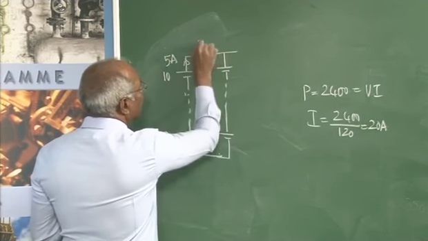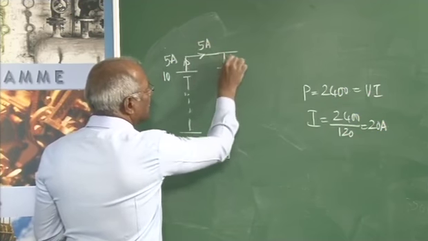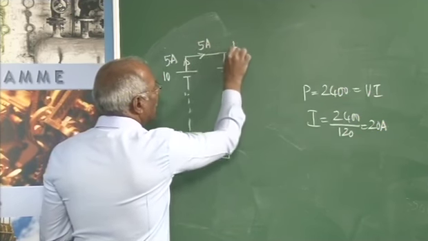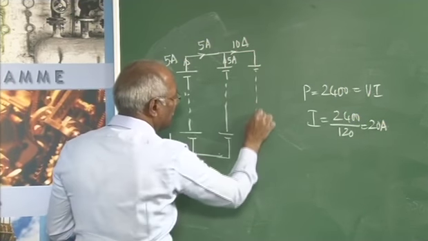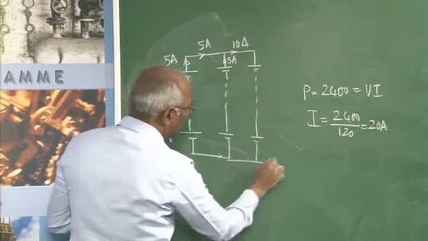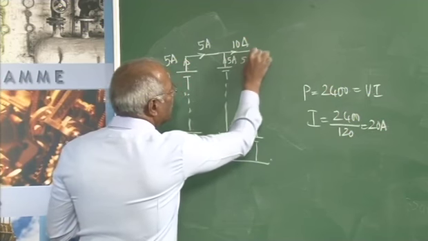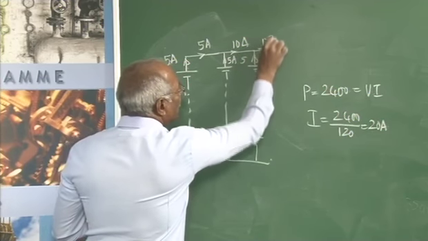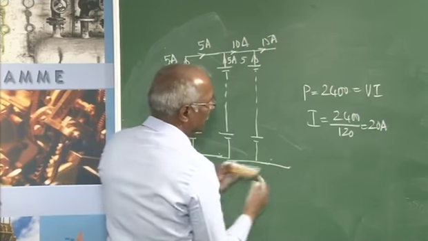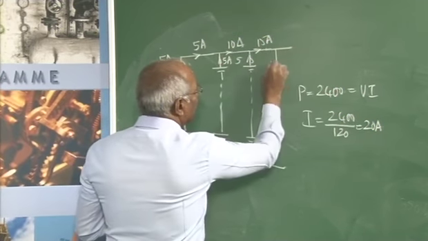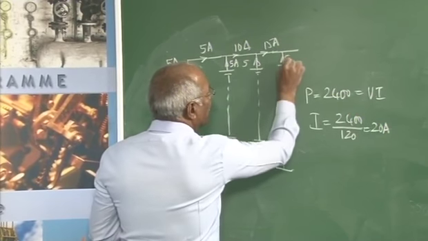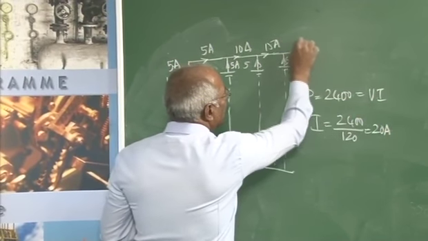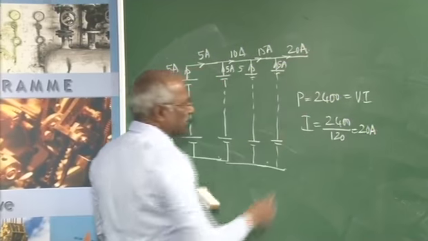Here the current coming is 5 ampere. This current gets added up to 10 amperes here. Again 5 ampere comes here, that goes to 15 amperes. And finally the last one is this one, and here also 5 amperes, and the current available is 20 amperes.